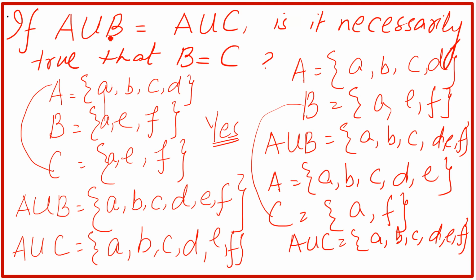So A union C is the same as A union B, but in this case it is false that it is necessarily true that B should be equal to C. But if we keep these sets constant, it is yes.